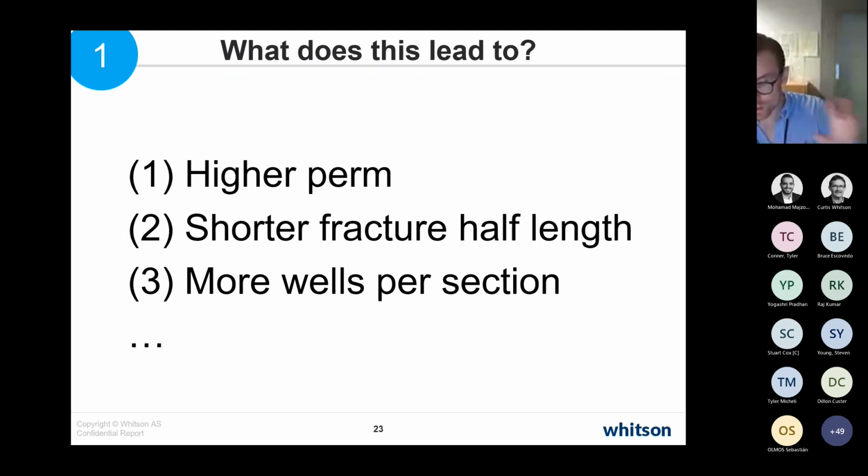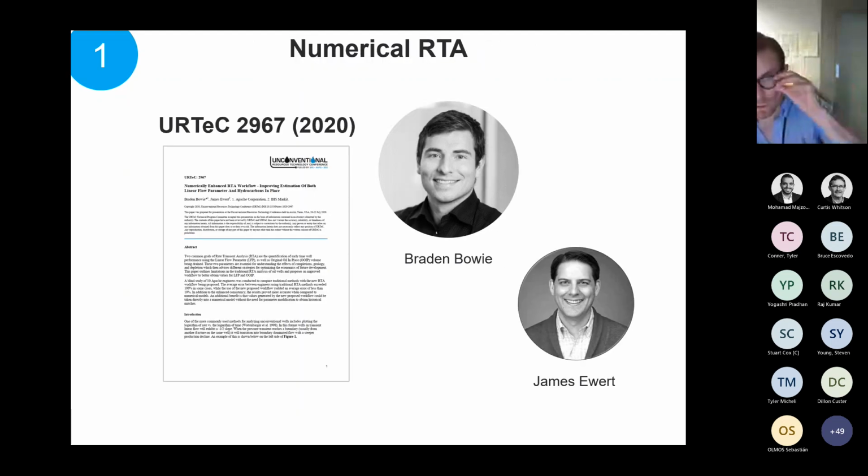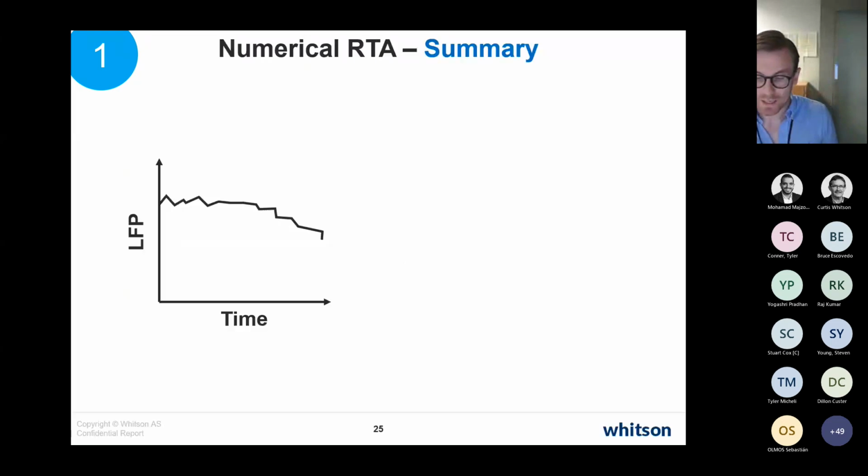This is the workflow that was introduced by Braden in this original paper from 2020, and a key diagnostic plot is this LFP versus time plot, which in our software, Whitson Plus, we call the Bowie diagnostic plot. You'll see many examples of that in the knowledge sharing session part of today.